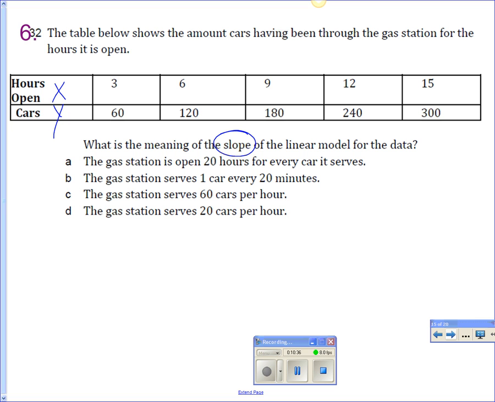Gavin, how do you find the slope from this table? What do you do? All right, so what's the slope formula? What did you tell me earlier? Okay, what two do you want to pick for your y's? What two numbers do you want to pick for y?